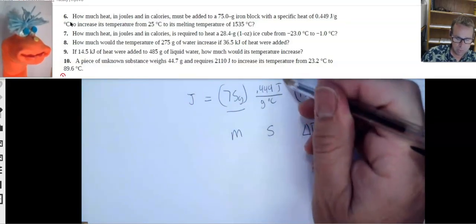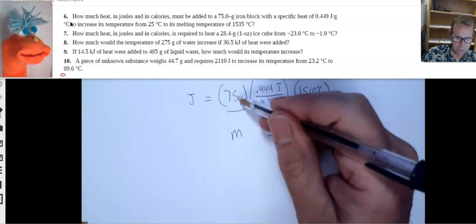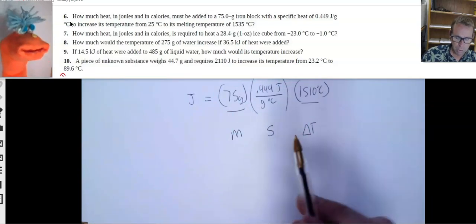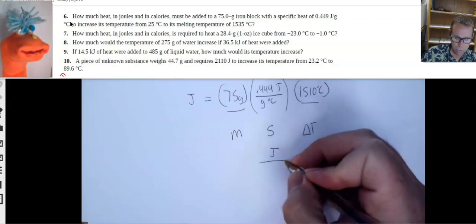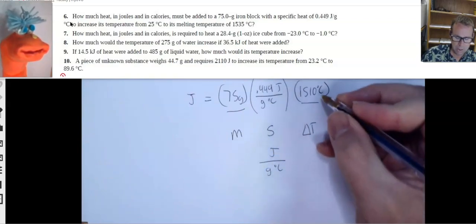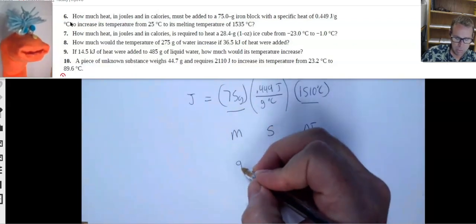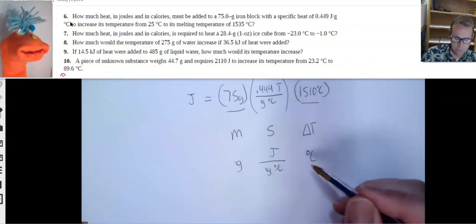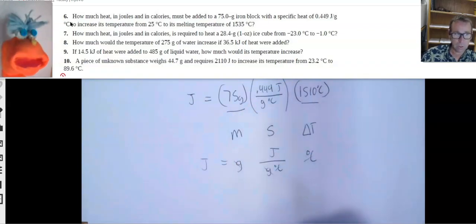What happens if I multiply these units, joules per gram degrees Celsius, by grams and degrees Celsius? Can you see? If the units for specific heat are joules over gram degrees Celsius, and the units for change in temperature is degrees Celsius, and the units for mass is grams, can you see how the grams cancel out, the degrees Celsius cancel out, and I'm going to be left with joules? Okay, yeah, I see that.